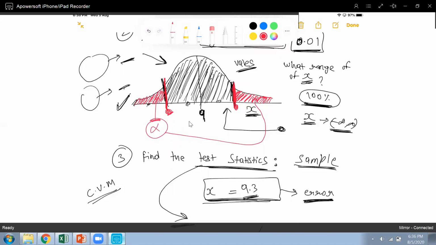How will we do that then? See, the area of both of these red regions is alpha. So what will be the area of only this part?